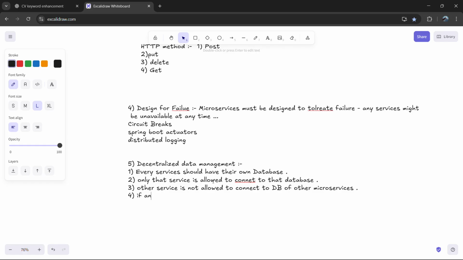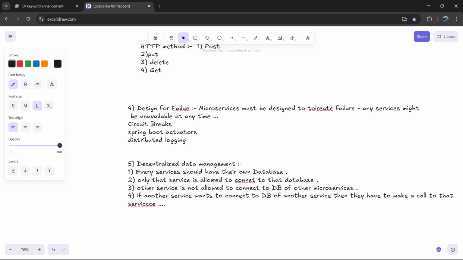Or fourth point is, if another service wants to connect with the DB of another service, then they have to make a call to that service.